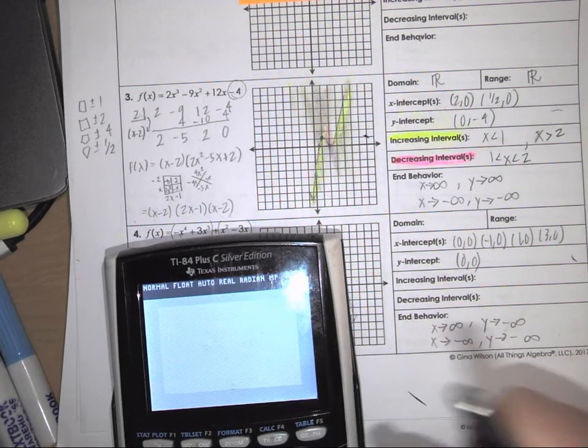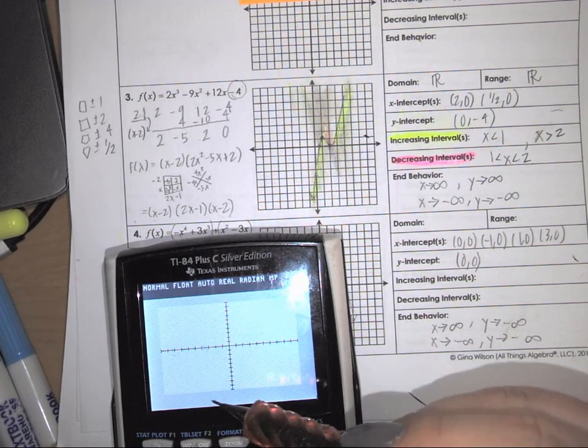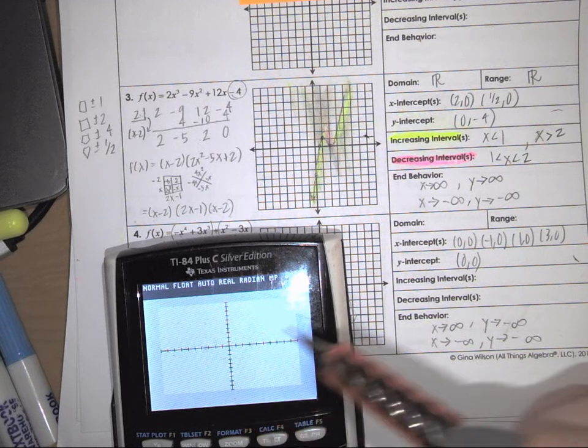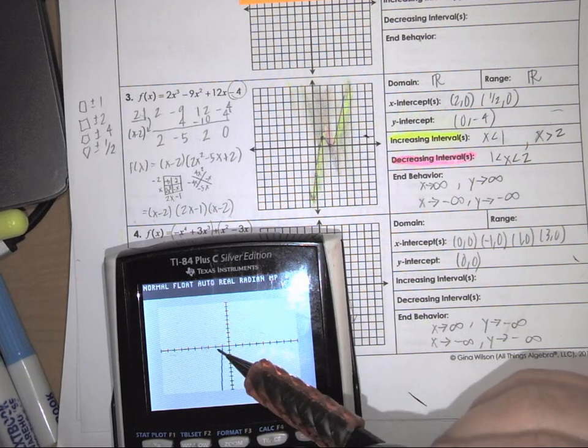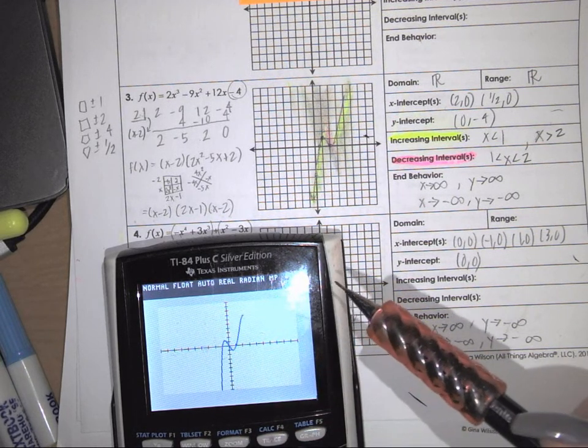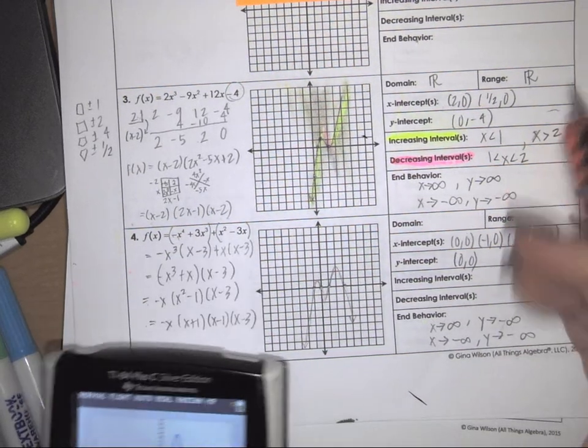Okay, so we'll go ahead and graph it. So it should come through -1, then go back down to 0, back up 1, back down to 3. Oh, see, I generally had the right shape.